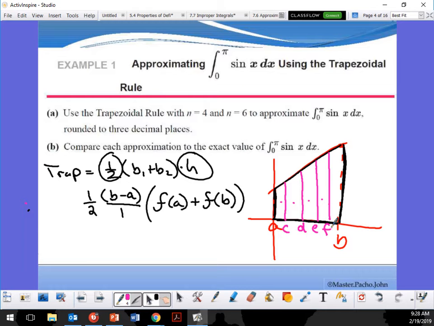I have 5. My entire delta x is b minus a, but for every one of those to be equal thickness, it's going to be that divided by 5, or in my case, divided by n, the number of equal parts. So I'm changing this now to my n.